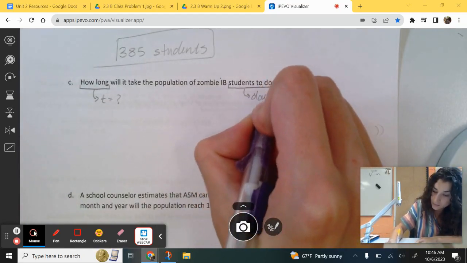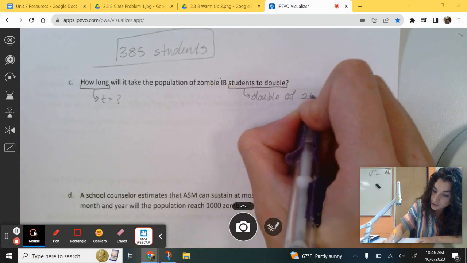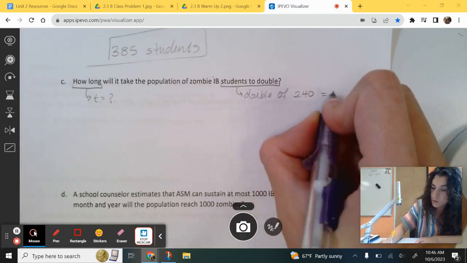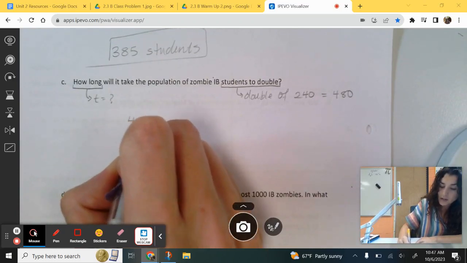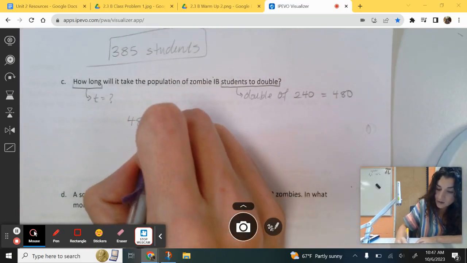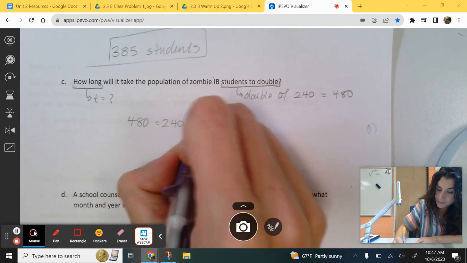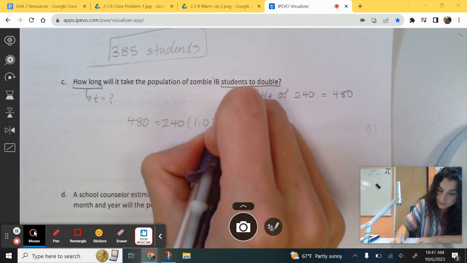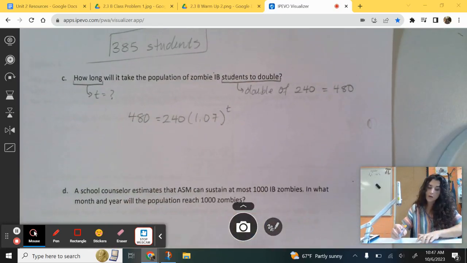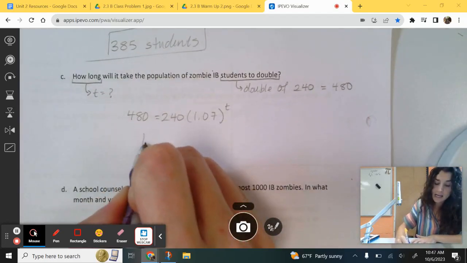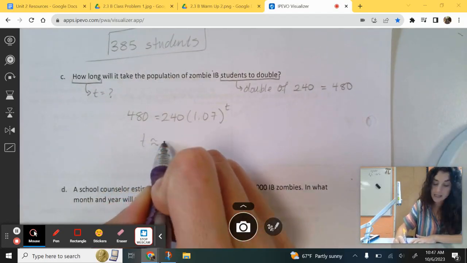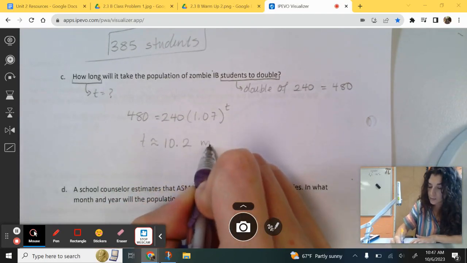Double of 240 is going to be 480. So, okay, 480 is going to be what's equal to this guy. And then we can numerically solve. If we numerically solve this guy, we get that T is approximately 10.2 months.